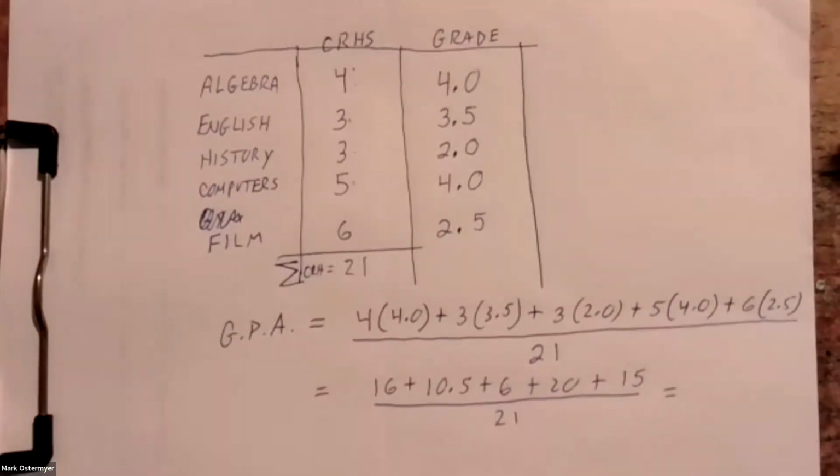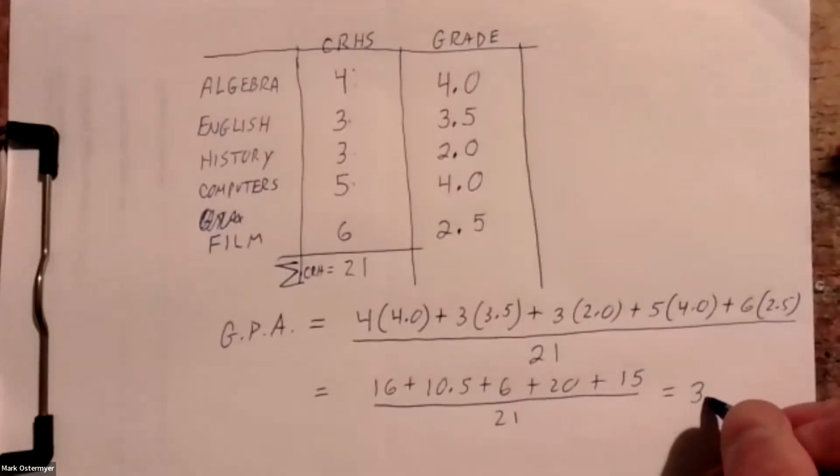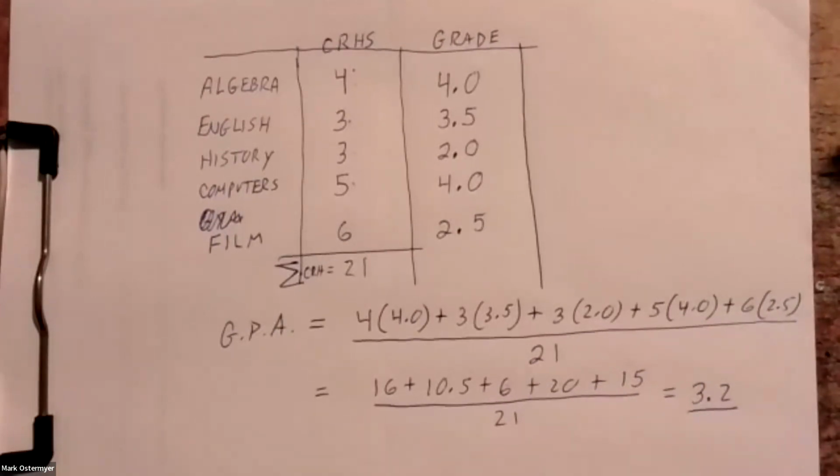This is a weighted average. 16 plus 10.5 plus 6 plus 20 plus 15. Divide that by 21. And I get a GPA of 3.2 for that semester. 3.2 grade point average. You see, the credit hours are the weights.